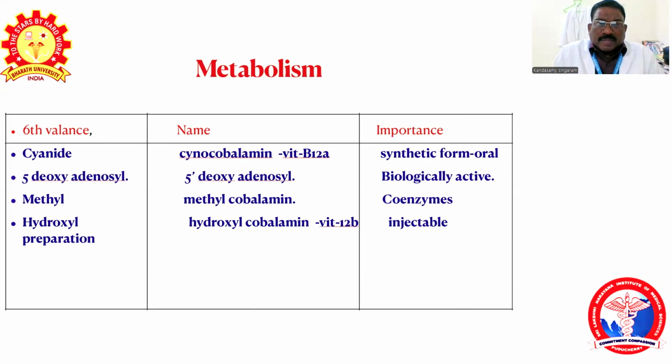If the sixth valence is occupied by 5-deoxyadenosyl, the name is 5-deoxyadenosyl cobalamin, which is a biologically active form. If it is occupied by a methyl group, it is called methylcobalamin. It is a coenzyme form of vitamin B12. If the sixth valence is occupied by a hydroxyl group, it is hydroxycobalamin, otherwise called vitamin B12B, which is the injectable form.